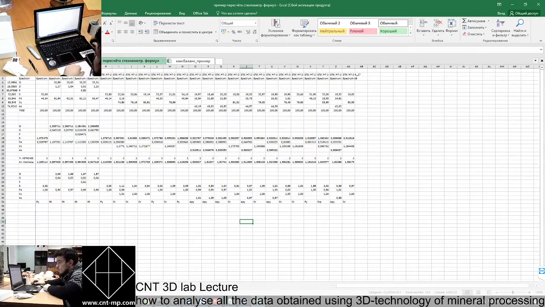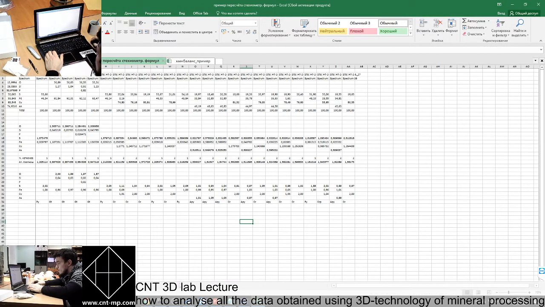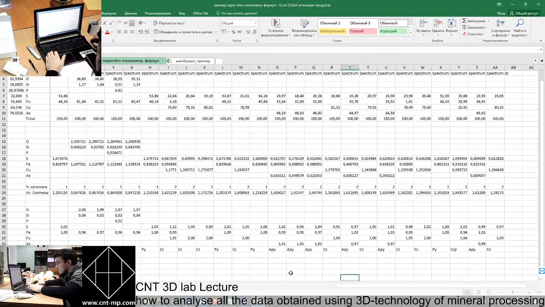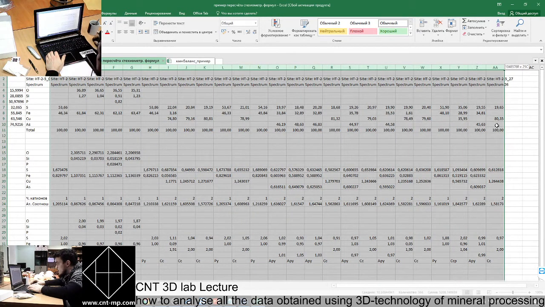After that, we transform that data from vertical to horizontal. So you can see each analysis is placed in a separate column.